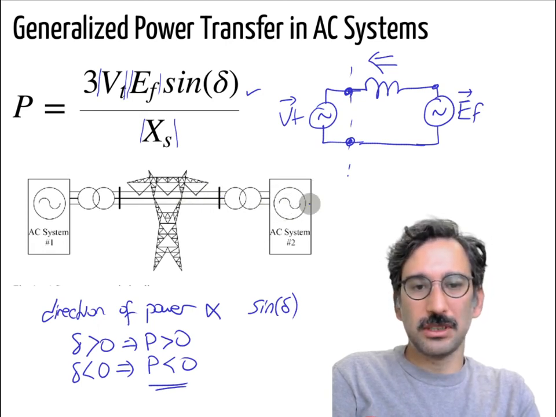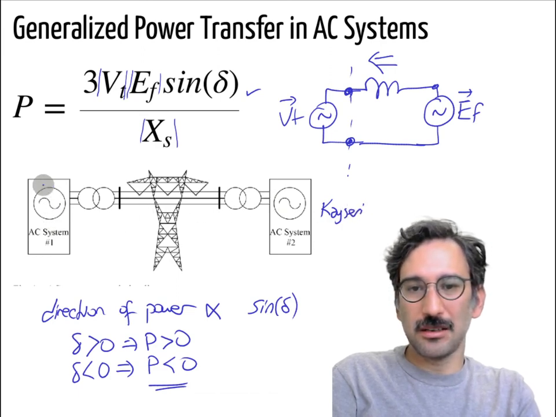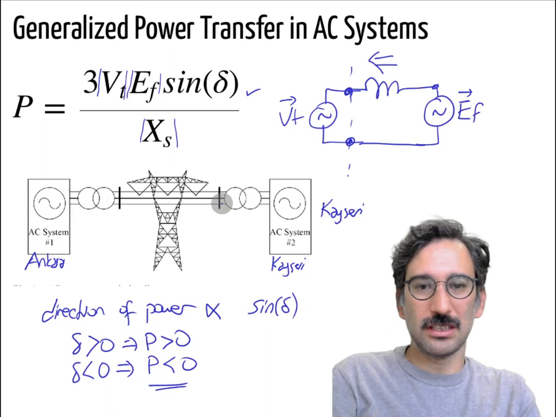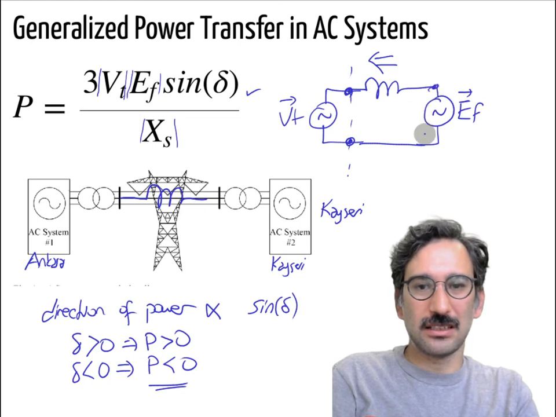So for example, that can be Kayseri, and this can be Ankara. So it is like two cities connected to each other with some transmission line. That transmission line can be represented like an inductance as here.